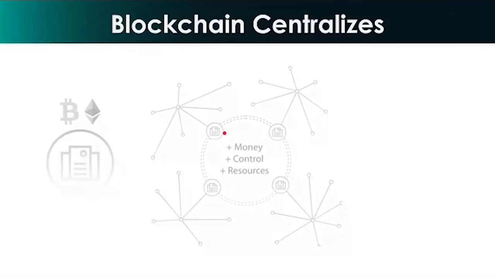So what ends up happening is essentially the people with the most resources to buy these mining rigs, these mining farms, end up with all of the power of the network, so to speak.